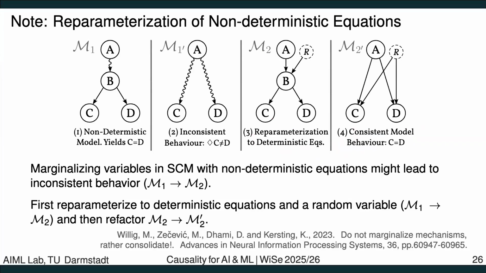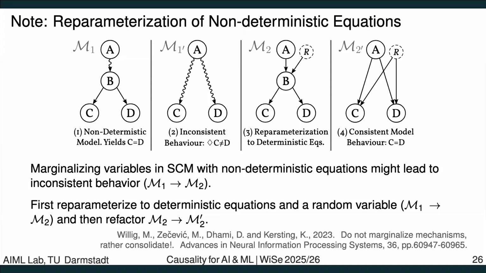Then maybe a brief note, because we talked about also marginalizing variables. If you have non-deterministic models, you need to be a bit careful. This is basically with Bayesian networks. Because if you remember structural equations, we usually say they are more or less deterministic, but maybe there is a noise term in there.